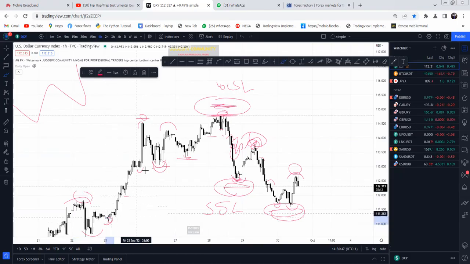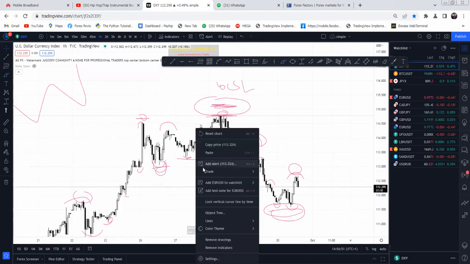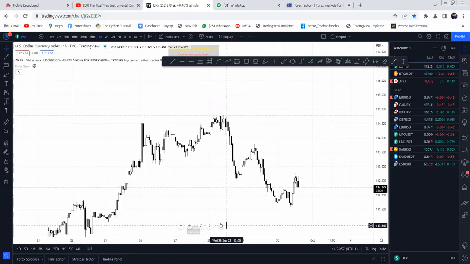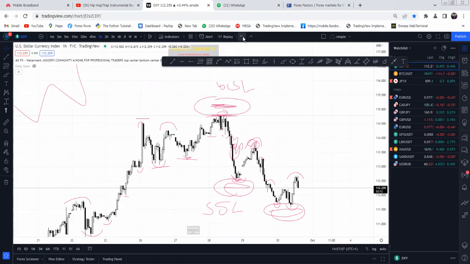And below is sell side liquidity. So any swing point you see, below it is called sell side liquidity, and above is called buy side liquidity. I hope you're understanding. Anything above this level is called buy side liquidity, and anything below it is called sell side liquidity. Liquidity is kind of a broad topic.